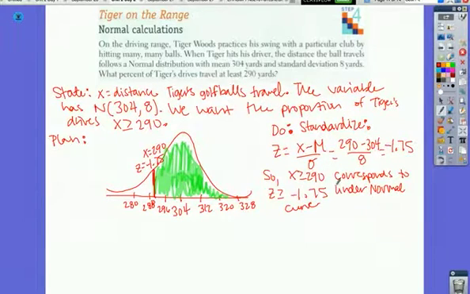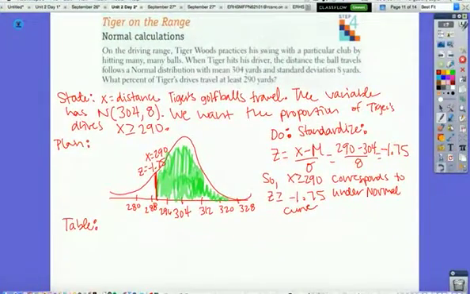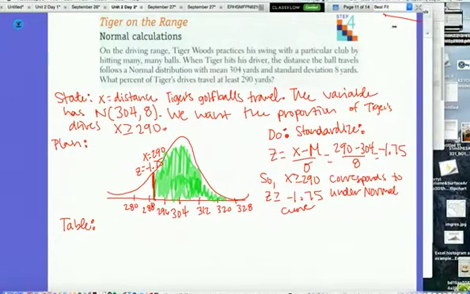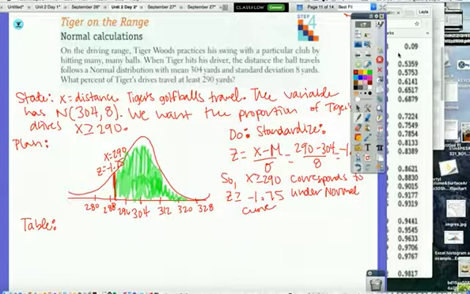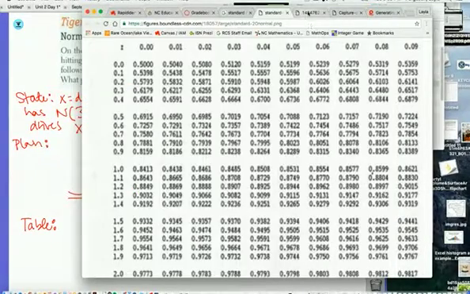Now that we have standardized and we know what our z is, we want to look at the table. On the table you are going to see the proportion of observations that is less than negative 1.75. So you're going to go to your table, to the left or smaller than negative 1.75. I need to be on the negative.